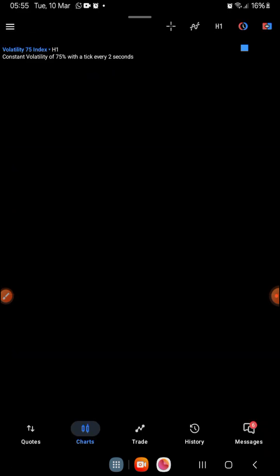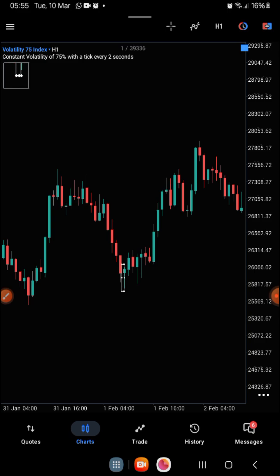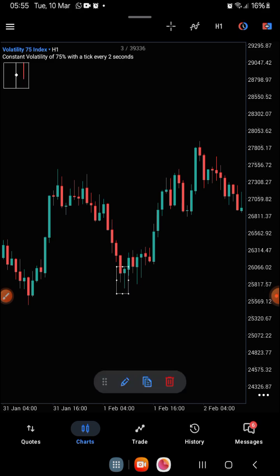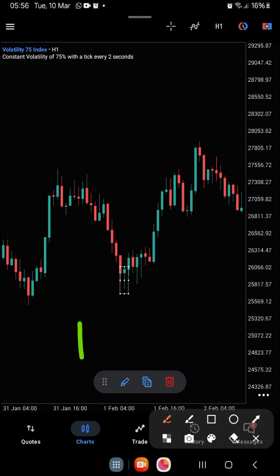Let me mark this one out. This hammer here. See this candle here? It's called a hammer. Okay, so a hammer can look like this, or it can look like this. Let me just draw one here.